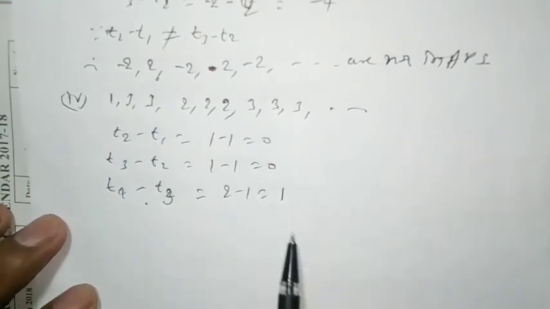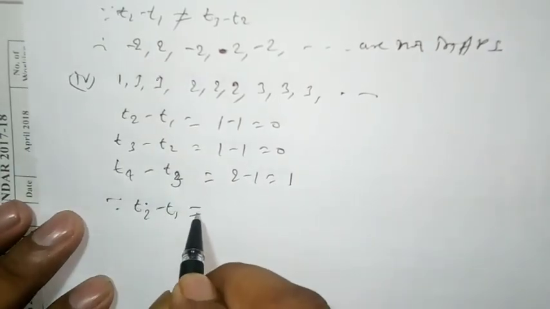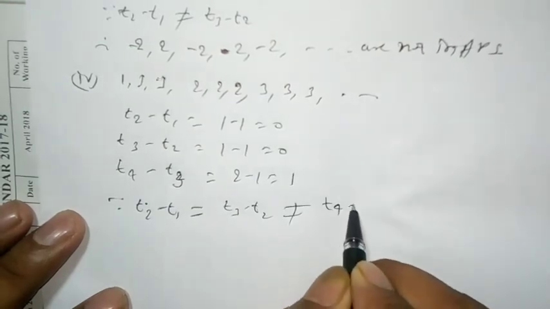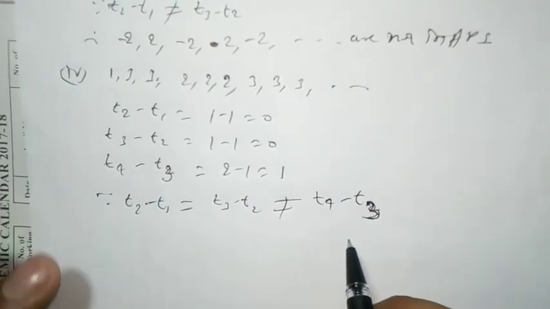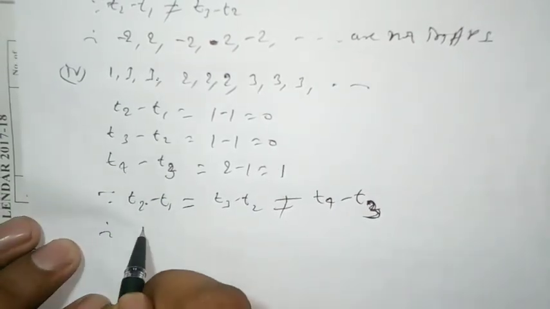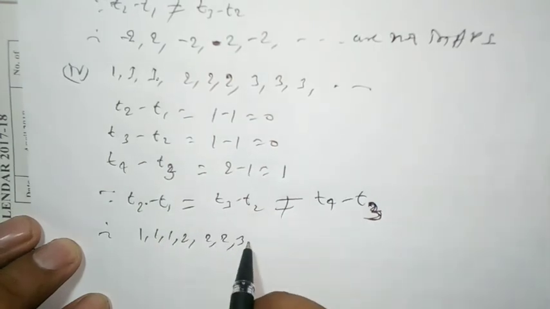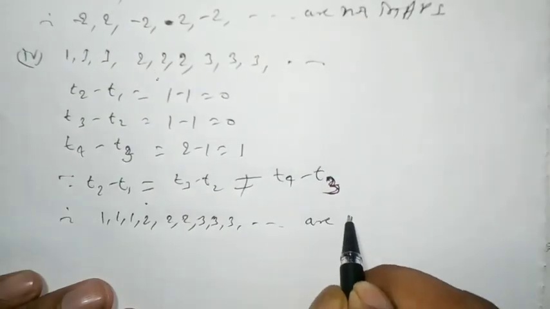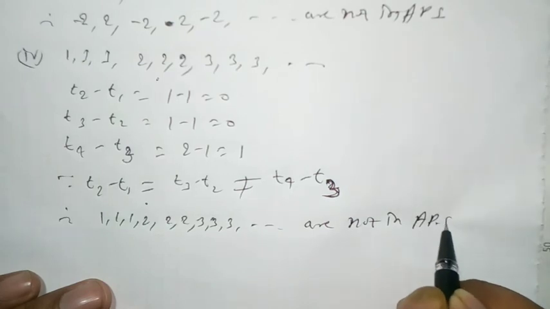Here not equal. So T2 minus T1 is equal to T3 minus T2, but T3 minus T2 does not equal T4 minus T3. So 1 1 1 2 2 2 3 3 3 are not in AP. Answer. That's all. Thank you.